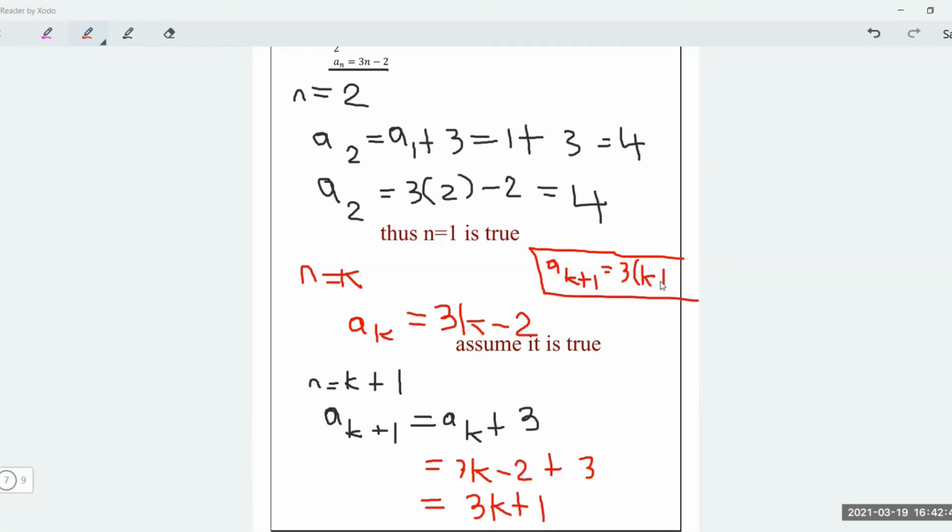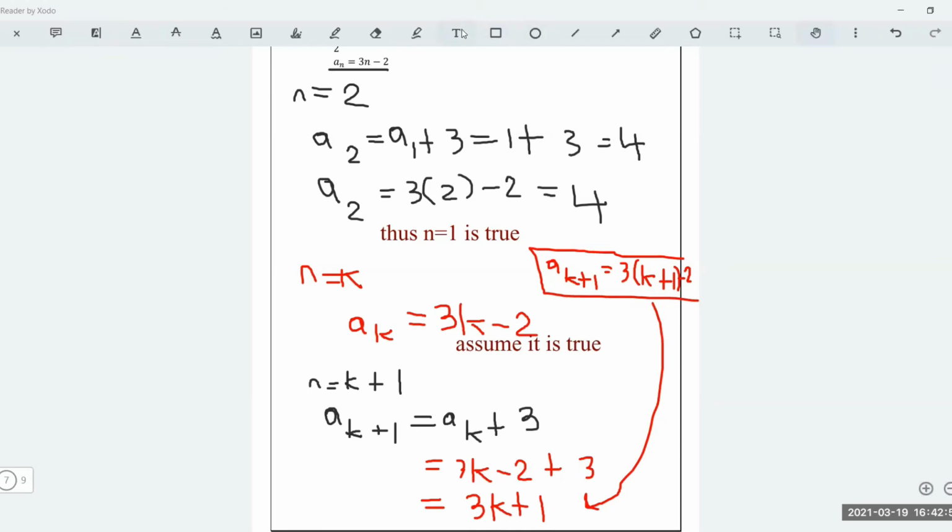And this would have still worked out to be 3K plus 1. So since we get what we want to prove, therefore n equal K plus 1 is true. Thus, n equal K plus 1 is true. Once you show that that is true, you're done.